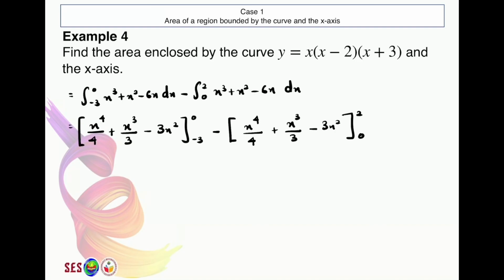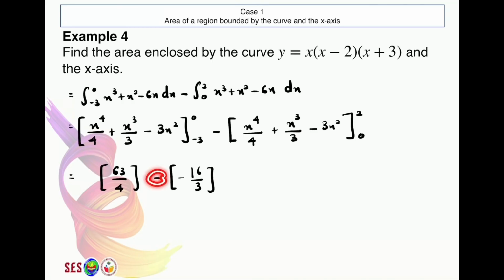Now if we were to calculate this, we'll get 63 over 4. And if we were to calculate the second bracket, we'll get negative 16 over 3. So we continue.